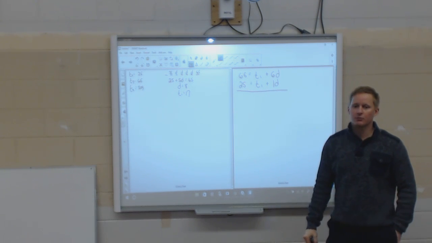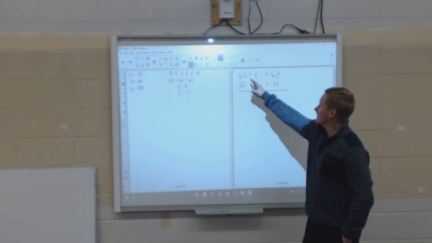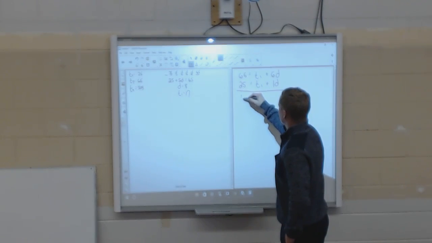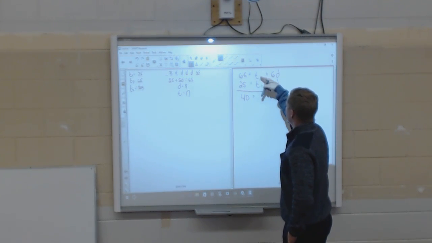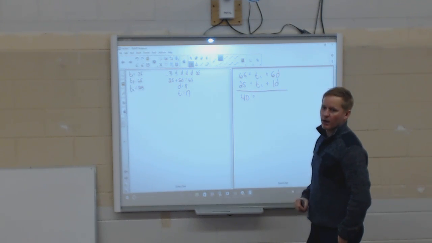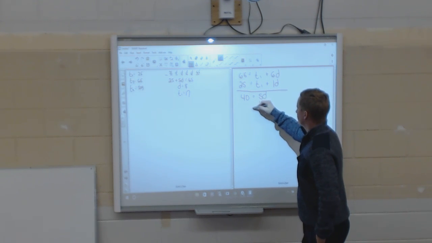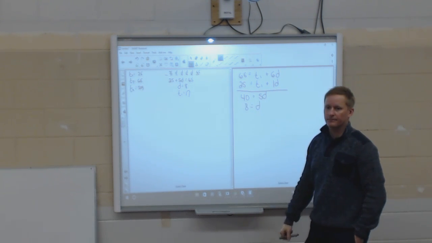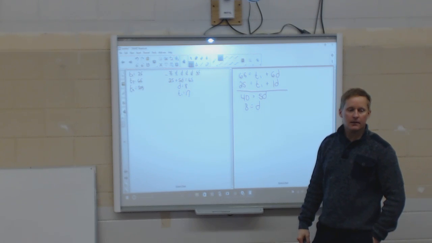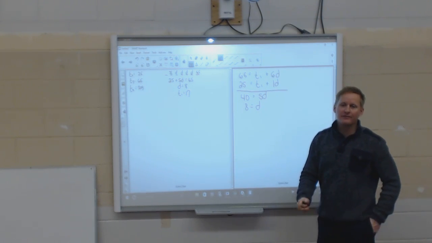Draw a line and I'm going to subtract the two. Okay? What's 65 subtract 25? 40. T1 subtract T1? 0. 6d subtract 1d? 5d. D is equal to 8. Okay? So what I do is I write the term, and I didn't have to do it this way.